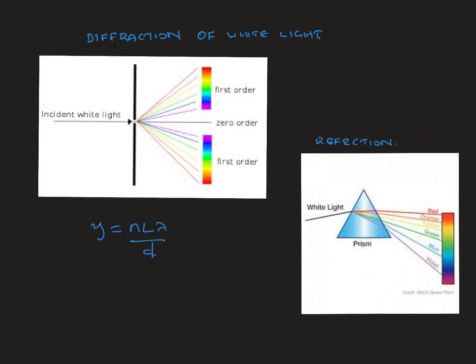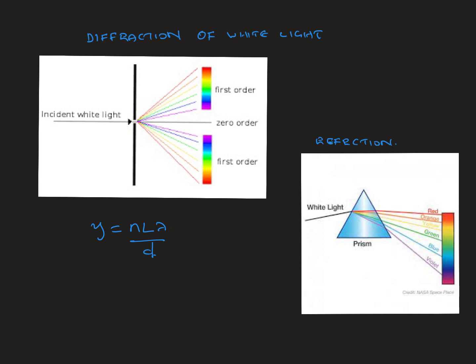So with the double slit diffraction experiment, we used a monochromatic light which has only a single wavelength. What happens if we use a white light? White light has different colors with different wavelengths. As you can see here, the red light bends more and the blue light bends less.